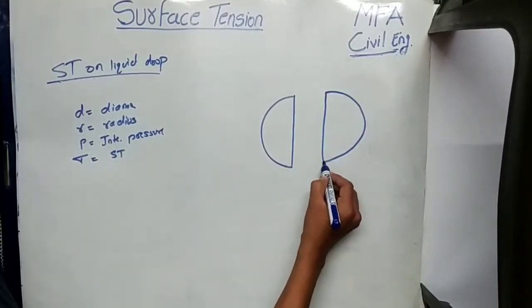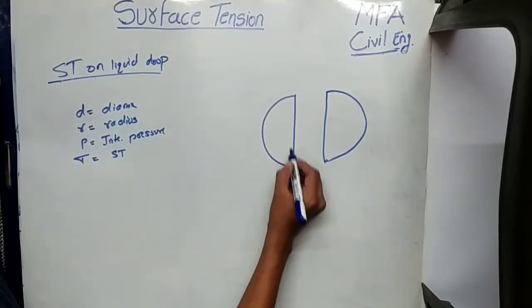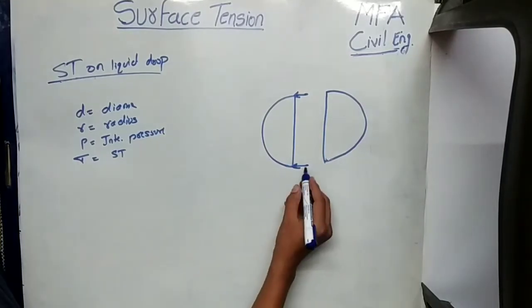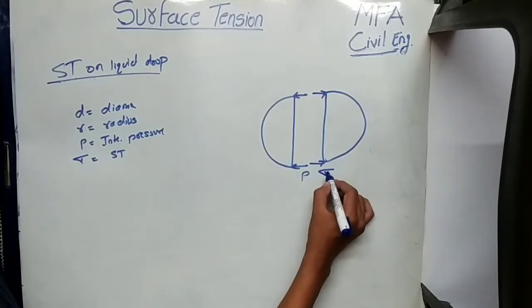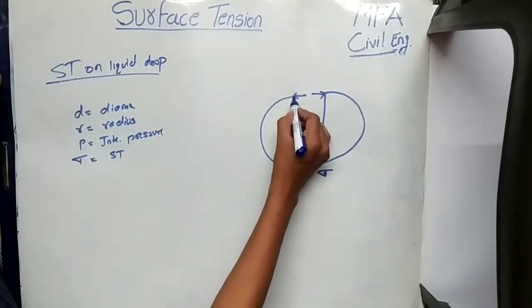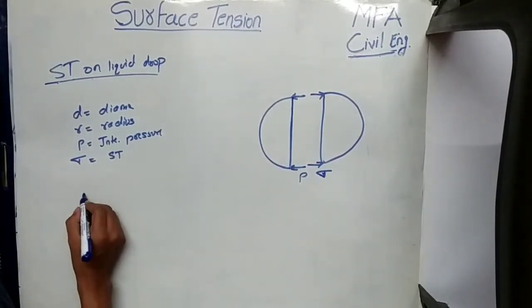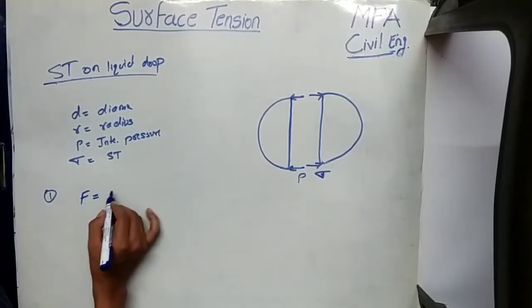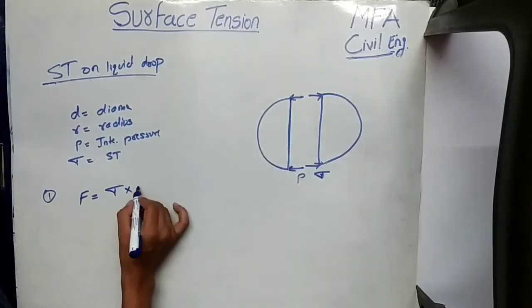Now the forces acting on the surface of the drop are, first, the surface tension and second, the pressure. The force acting on one half of the drop due to surface tension is given by surface tension into perimeter of this half drop.